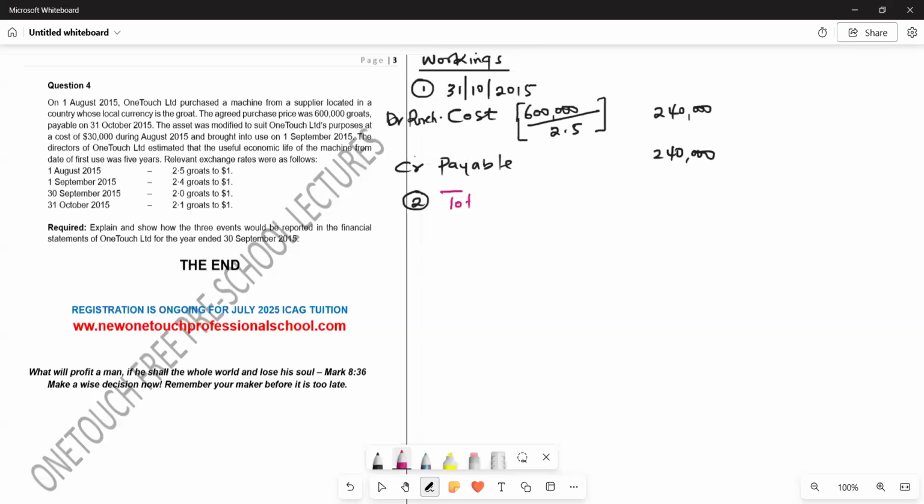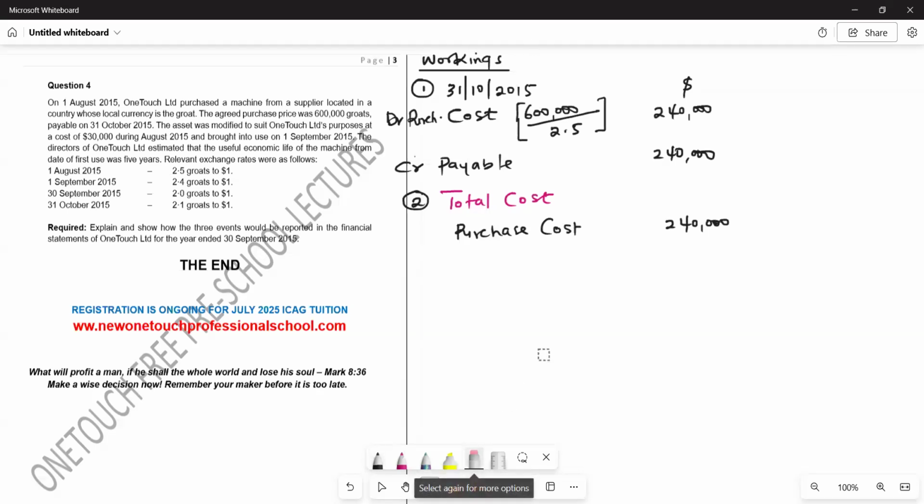The asset was modified to suit Onetouch Limited's purpose at a cost of $30,000 during August 2015. Why are we using 31st October 2015 when the machine was purchased in August?